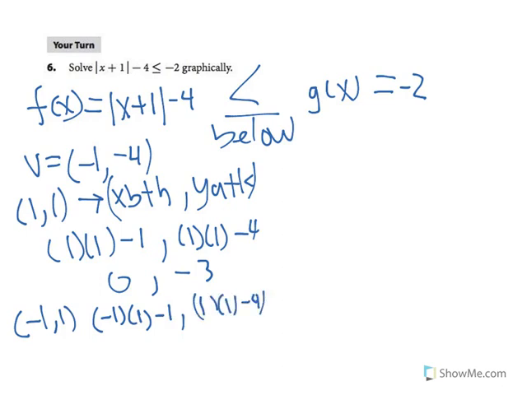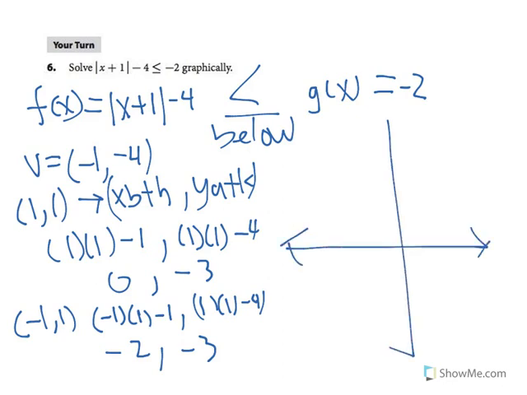So we have, oops, my mistake again. So we have a -2 and -3. Right, so let's make a rough sketch of our graph. Okay, so the vertex is -1, -4, here, and 0, -3, and -2, -3.